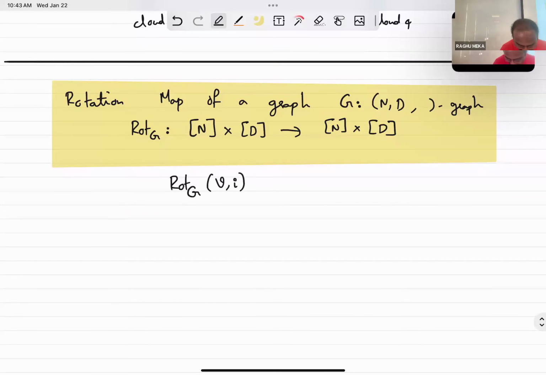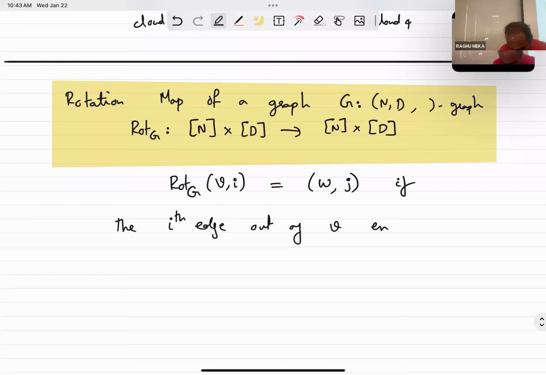And rotation of (v, i) equals (w, j) if the ith edge out of v ends at w and is the jth edge out of w.